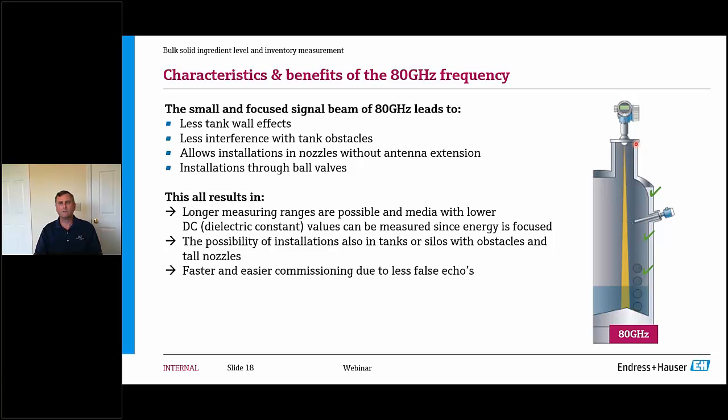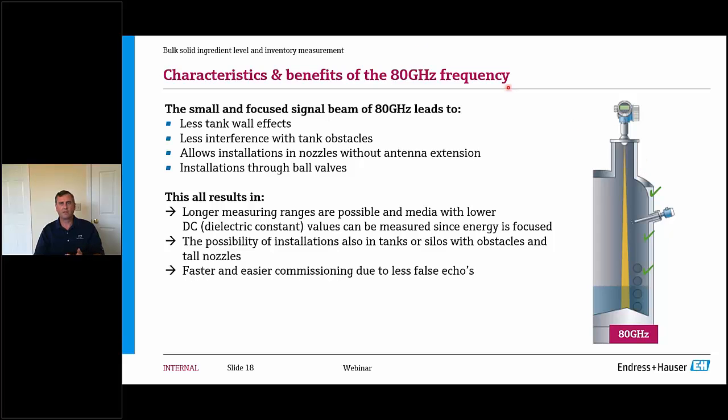It also allows you to mount it in a taller nozzle. In the past, you pretty much had to have it flush or as close to the tank top as possible, so that the microwave energy, as it was coming back up, found the sensor again. If it was sitting too high up, a lot of that energy was lost.